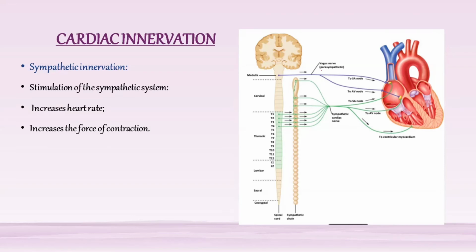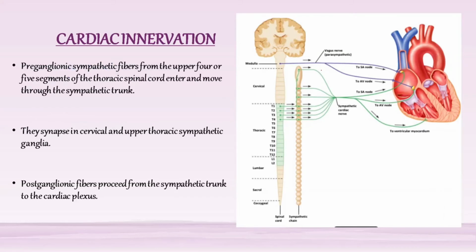Now come to the sympathetic innervation. The stimulation of the sympathetic system increases heart rate and force of contraction. Now look at this picture. The first is about the preganglionic fibers.